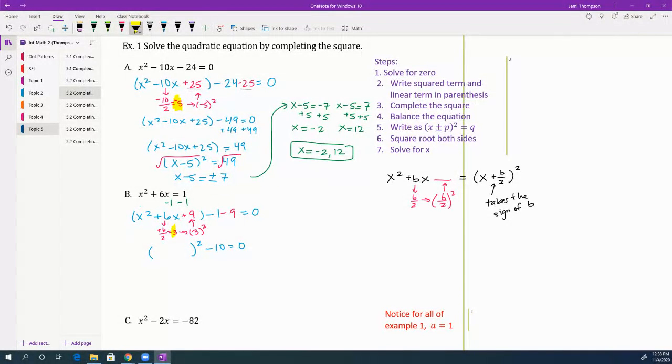This number, half of whatever b is, is what I put with the x in here. And I need to move the 10 over. And I have it written in this format right here, which is x plus or minus some number, quantity squared, equals q.